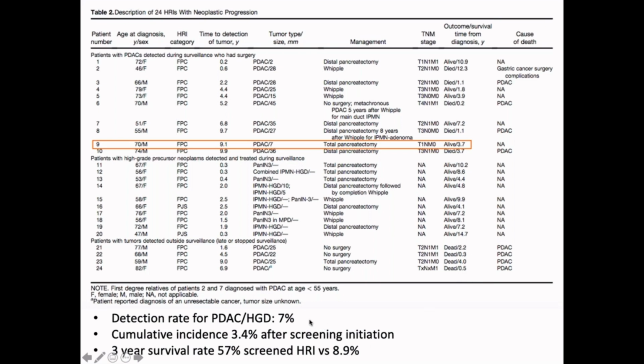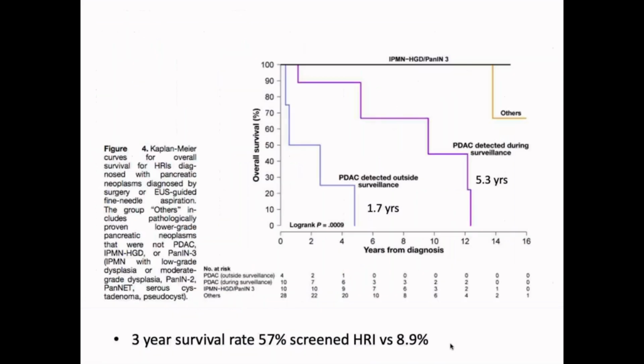So the detection rate for pancreatic cancer and high-grade lesions was around 7%. The cumulative incidence was 3.4 after screening initiation, and the most important take-home is that the 3-year survival rate was significantly higher, at 57%, for those high-risk individuals undergoing screening versus those who did not.